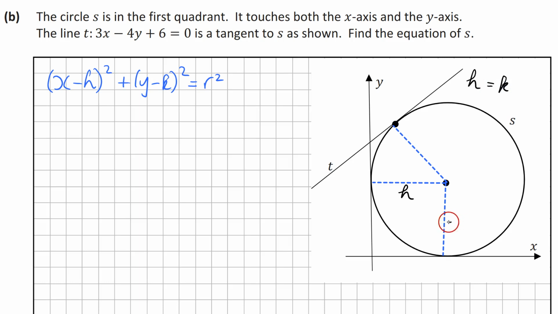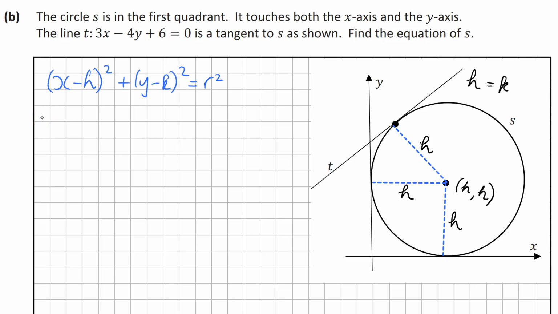So that means this is also h, and our center, which was (h, k), is now going to be (h, h), and the length of our radius is also h, because all of these blue lines are radii. Okay, so what can we do then?